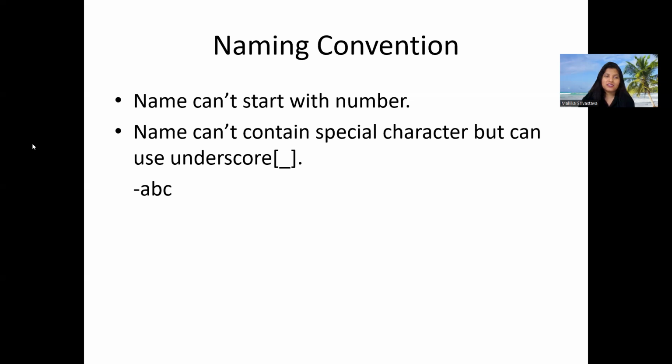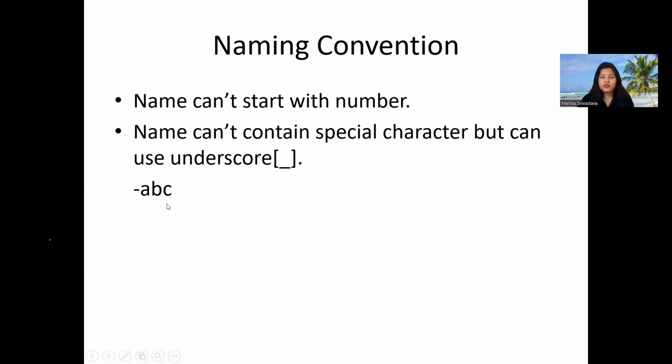So let's see, starting from one by one. Name can't start with a number. Yes, it is not starting with a number. Correct. Name can't contain a special character but can use underscore. But it includes a hyphen in it. And hyphen is a special character. It is not an underscore. So this is not followed, and that is why it is an invalid variable name. It is not following the naming convention.